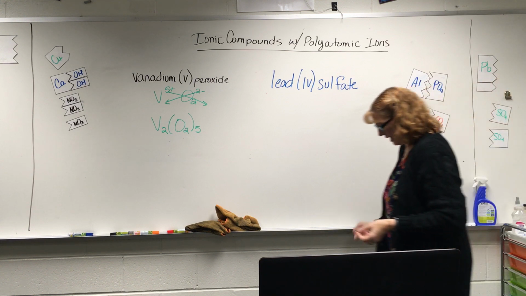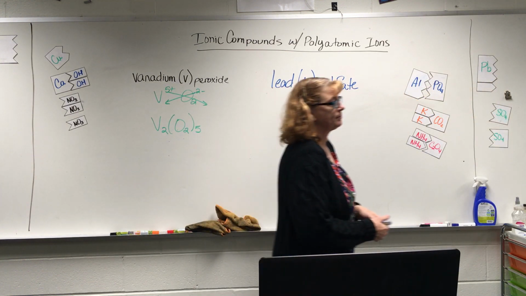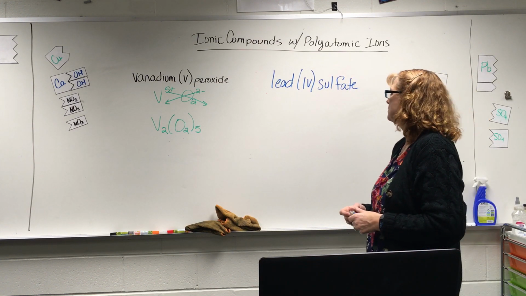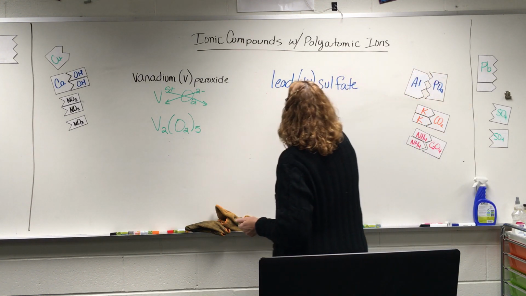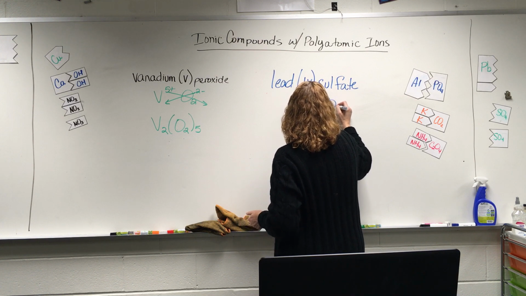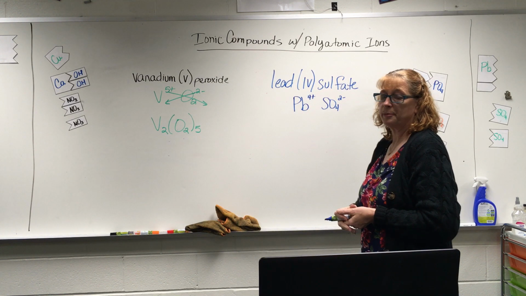What's the formula for lead 4 sulfate? Well, lead has a +4 charge, correct? And sulfate is SO4 with a -2. So what would the formula be?